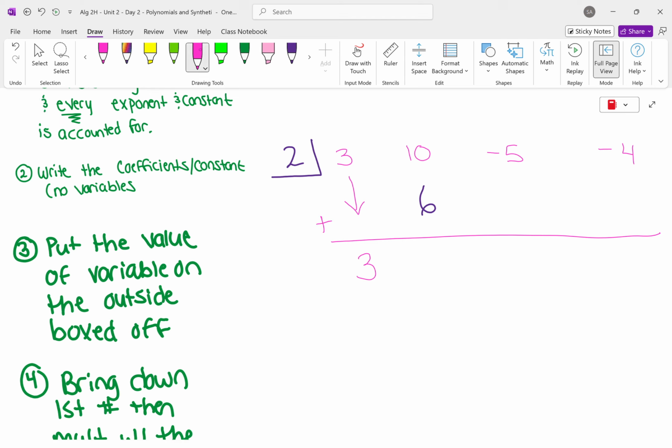Okay, so we brought down the 3. 3 times 2 is 6. We put it in the next column, and now we add. 10 plus 6 is 16. 16 times 2, 32. Negative 5 plus 32 is a positive 27. Positive 27 times 2 is a positive 54.